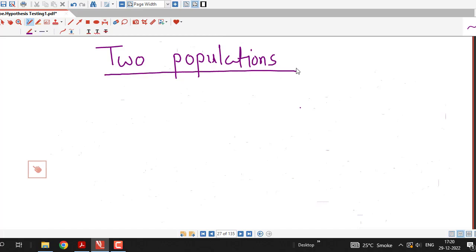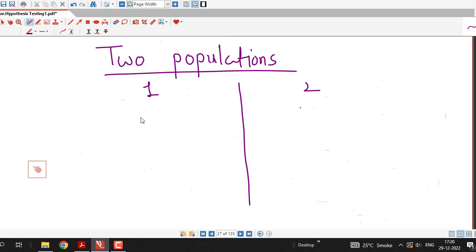Now onwards, our focus is on comparing two populations. Suppose we are interested in the comparison between two populations, then we have to apply two-sample Z test and two-sample T test. So suppose we have two populations, say population 1 and population 2.